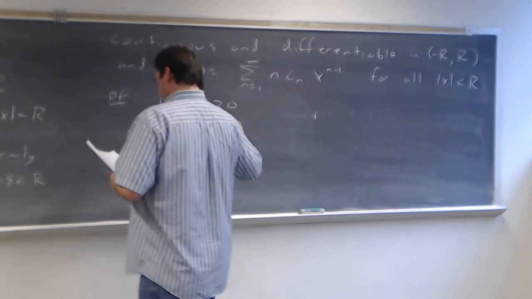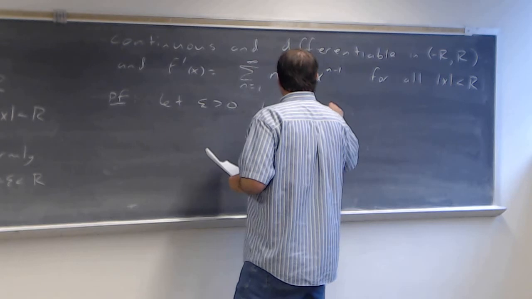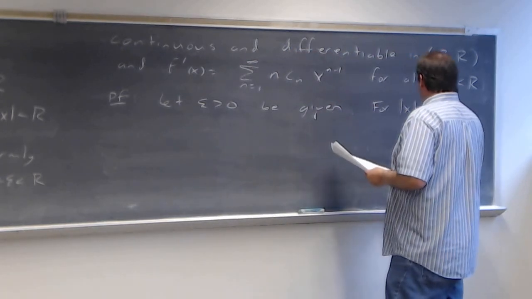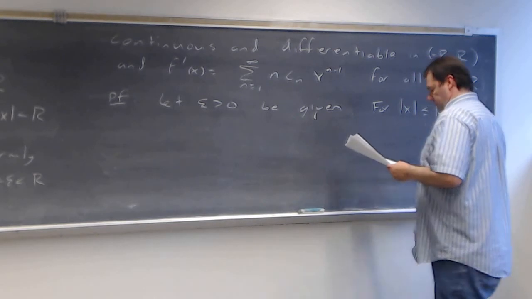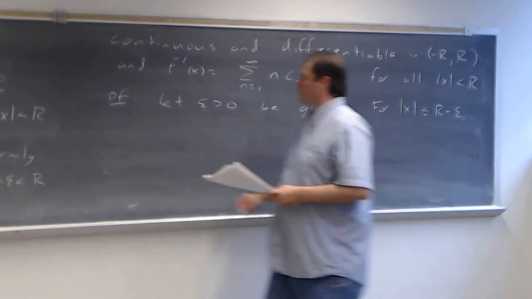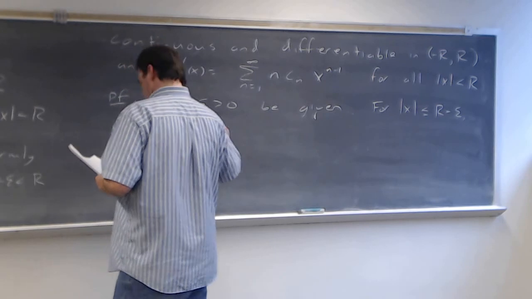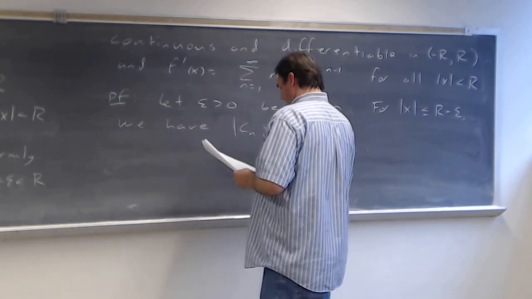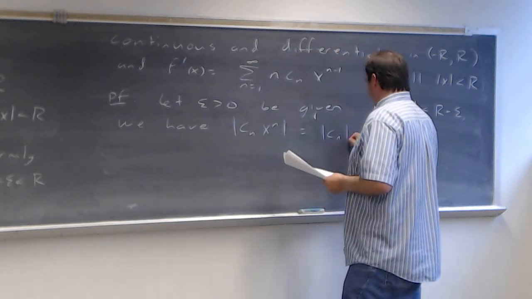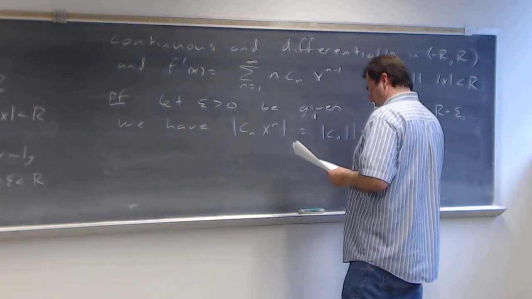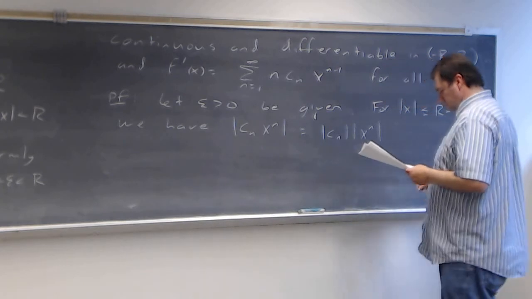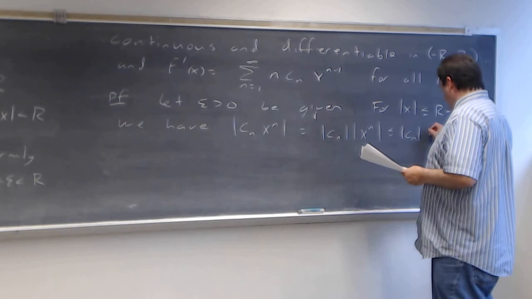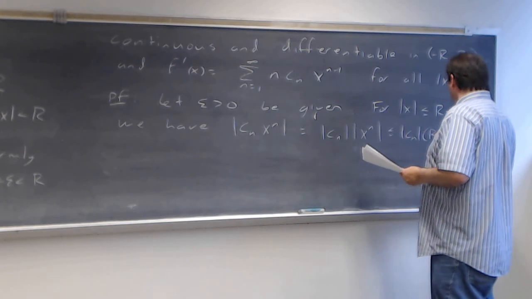We let epsilon be greater than 0 be given. For the absolute value of x being less than r minus epsilon, we have that the absolute value of c sub n times x to the n is equal to the absolute value of c sub n times the absolute value of x to the n, which is less than or equal to the absolute value of c sub n times r minus epsilon raised to n.